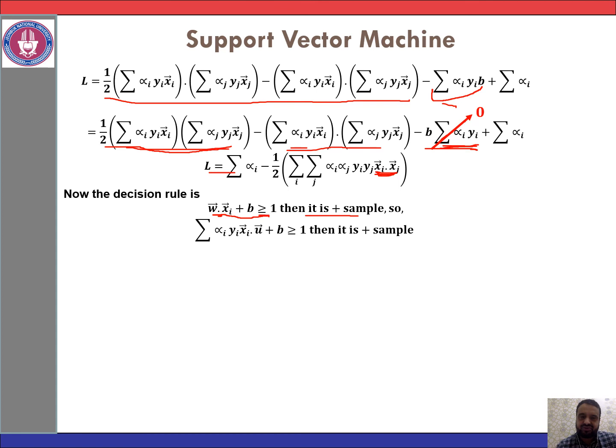And from here we can say that if the dot product of xi, so here the w is omitted because of this derivation, with a new vector plus b is greater than or equal to 1, then it becomes a positive sample. So this is the final objective of the support vector machine.